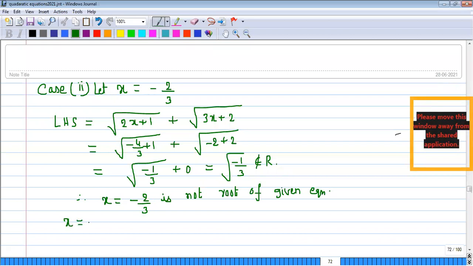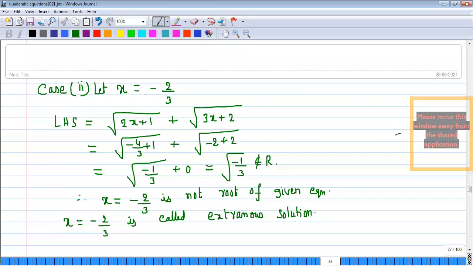So x is equal to minus 2 by 3 is called an extraneous solution. Though we got two solutions, one solution does not satisfy the equation, so that solution is called an extraneous solution. This solution needs to be deleted.